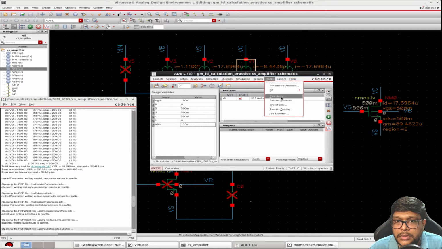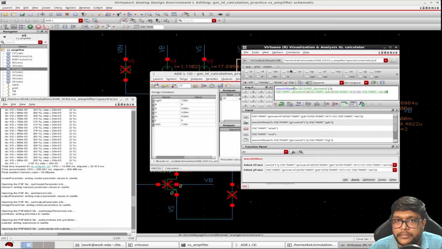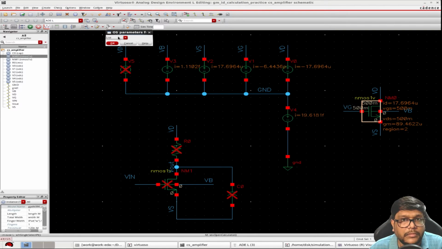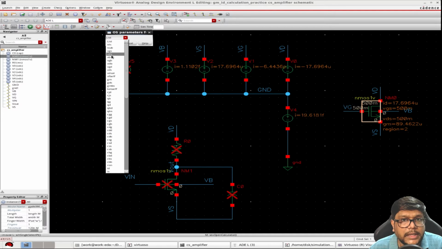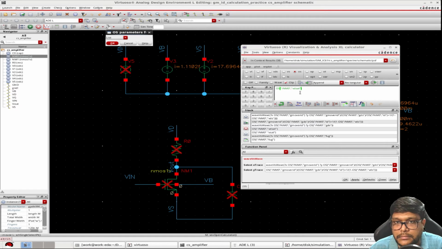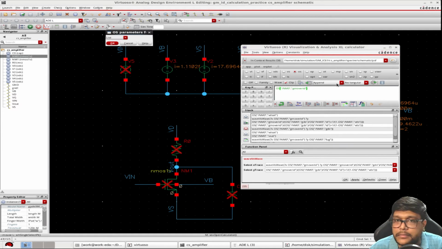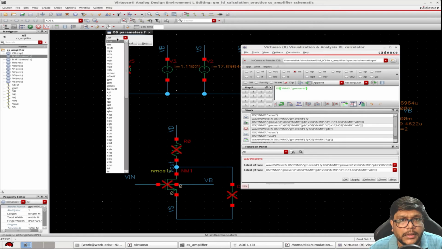So I'll go to the calculator and I'll find the VDsat first, that is VDsat here. Then I'll find GM over ID. Then the gain, we need the AV.